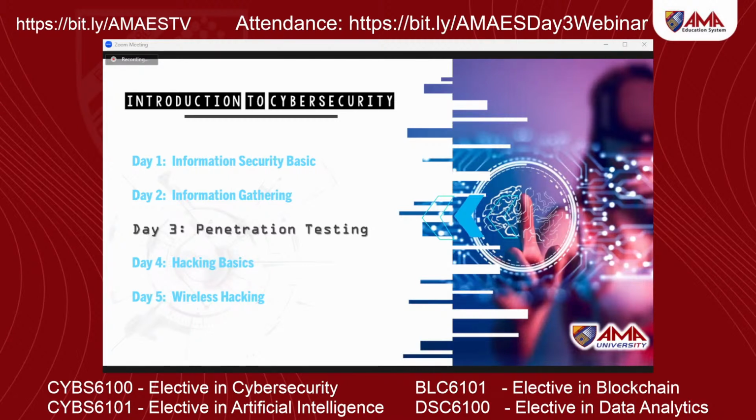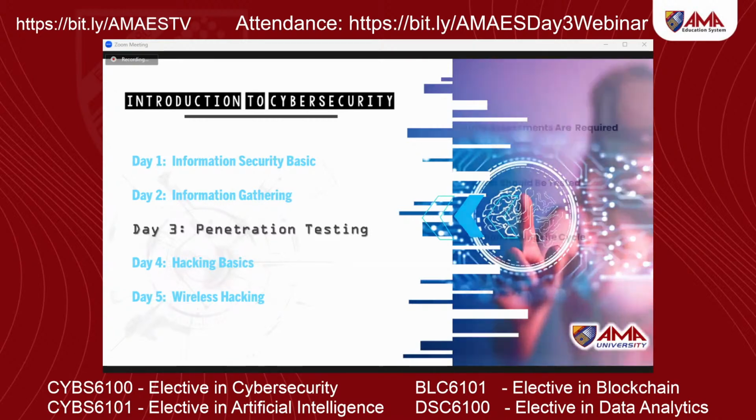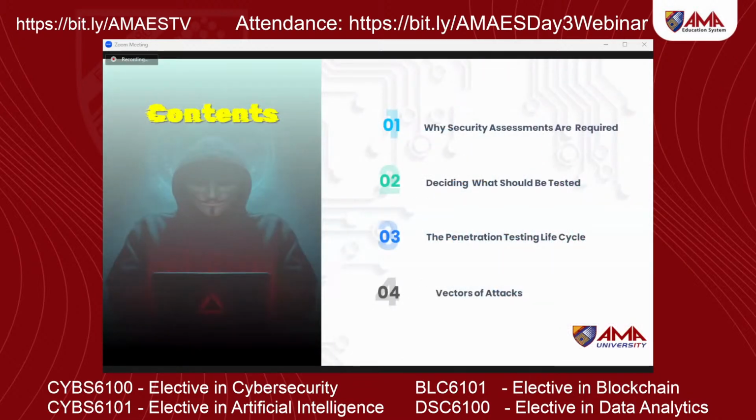And today, okay, our topic is penetration testing. And on our 4th day, bukas naman our topic will be hacking basics. So medyo interesting itong topic na to. And for the last day is wireless hacking.